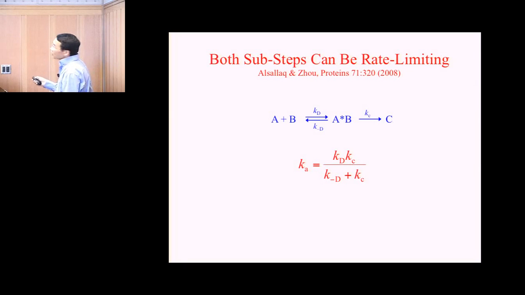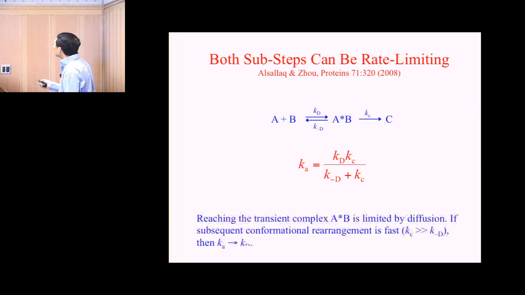And that is what's called the diffusion limited regime. Conversely, if the second step, the conformational rearrangement step, is slow, then the overall association will be rate limited by the second step. And so the half of the problem that we think we have a solution for falls in the first scenario, where the conformational rearrangement is fast. That is the diffusion limited regime.